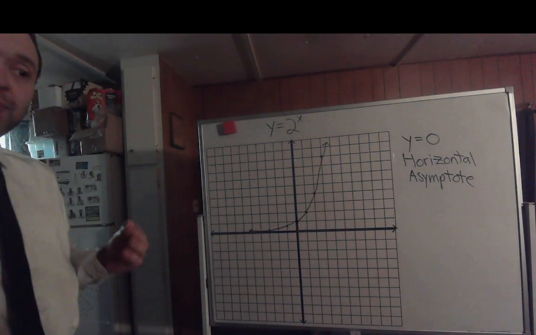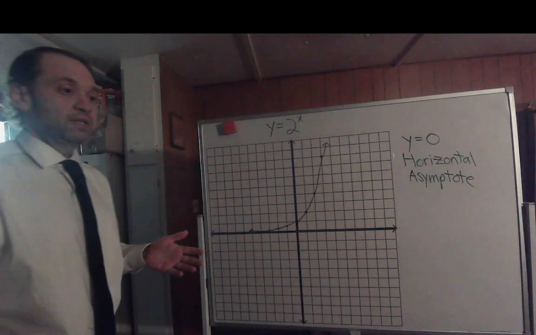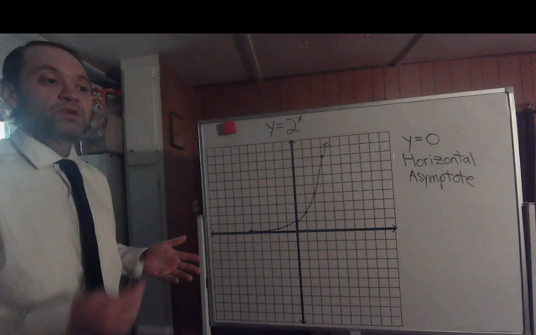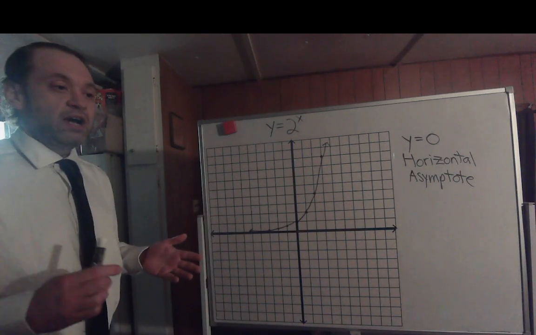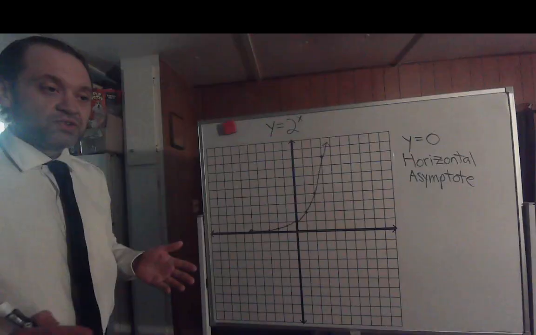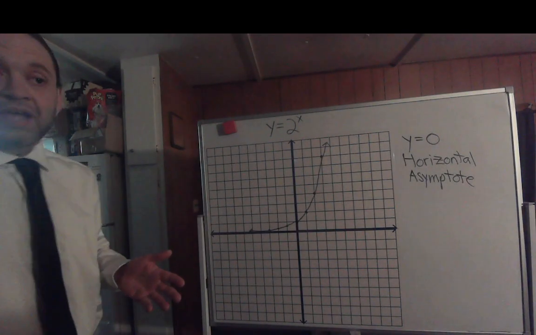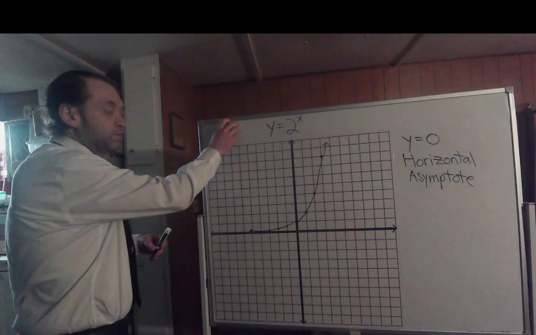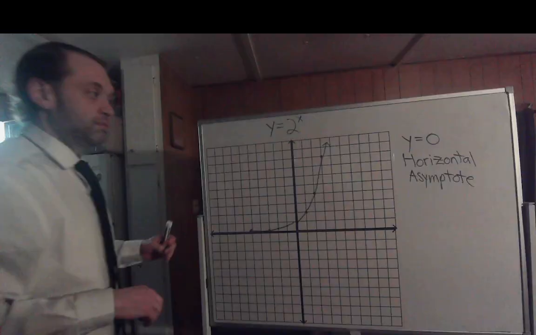So that's basically what an asymptote is. And if you have a number to any power, the y value, your output of the function, is never 0 or anything negative for that matter. So y equals 0 is your horizontal asymptote.